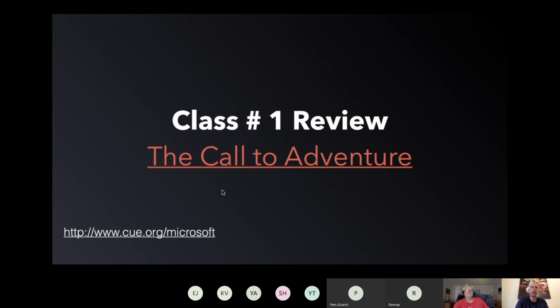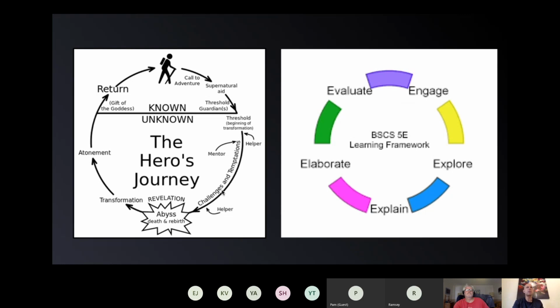So what we talked about last time was this interesting overlap between something very mythical and something that's very pervasive in society, and that's the hero's journey, right? This idea of storytelling according to these tenets that we sort of just fall into. And we paralleled that to an example of a learning structure, a learning cycle.